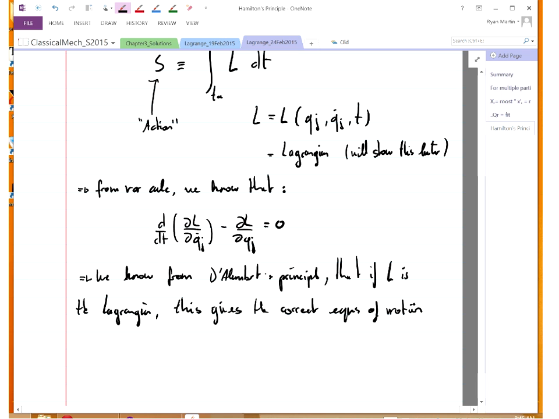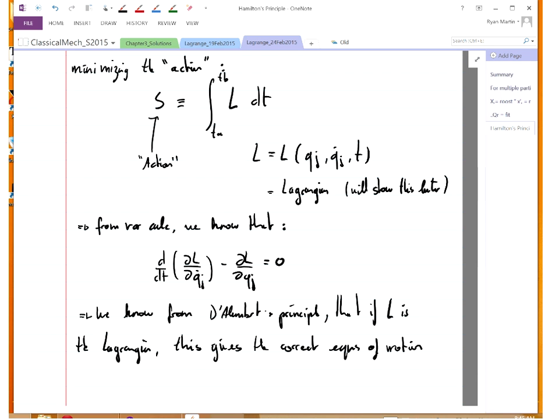So somehow it's connected to variational calculus.